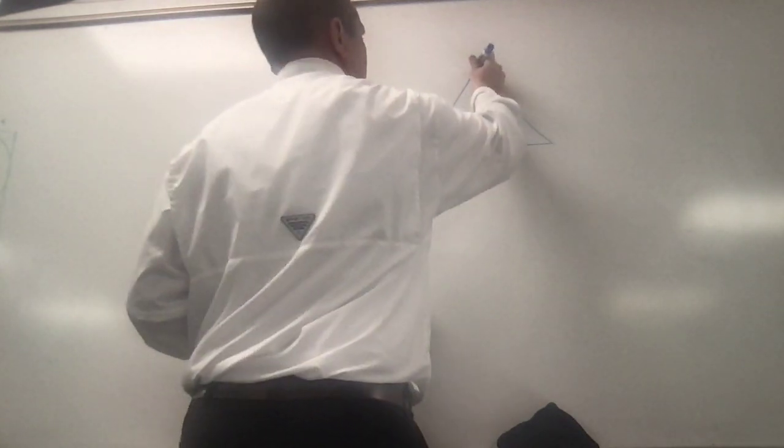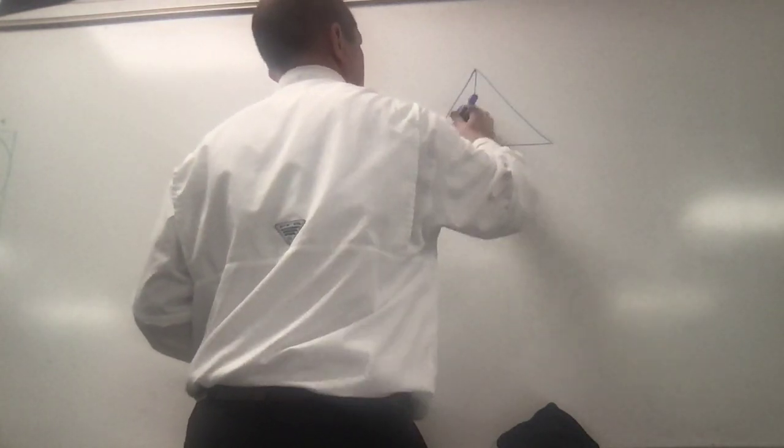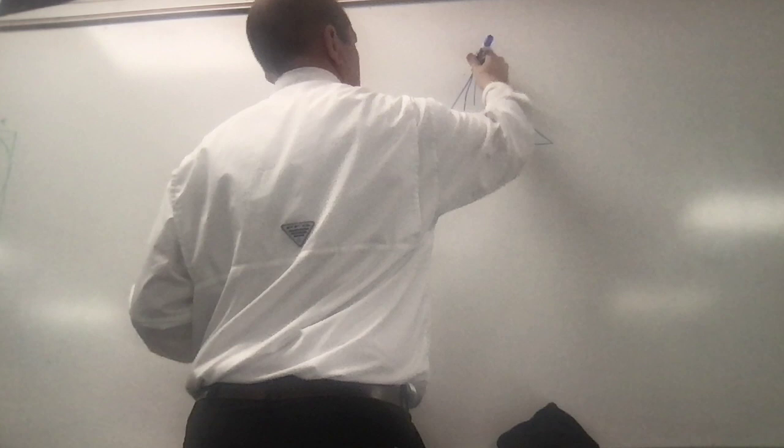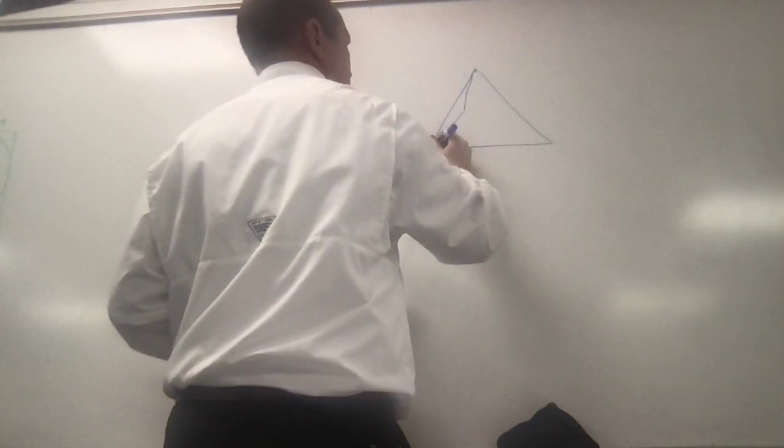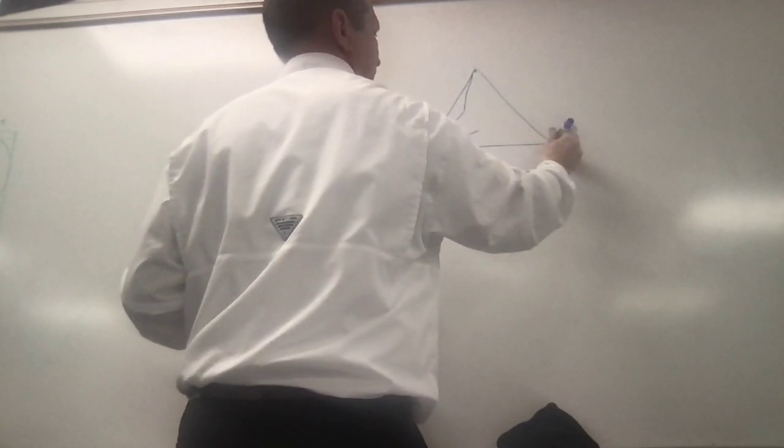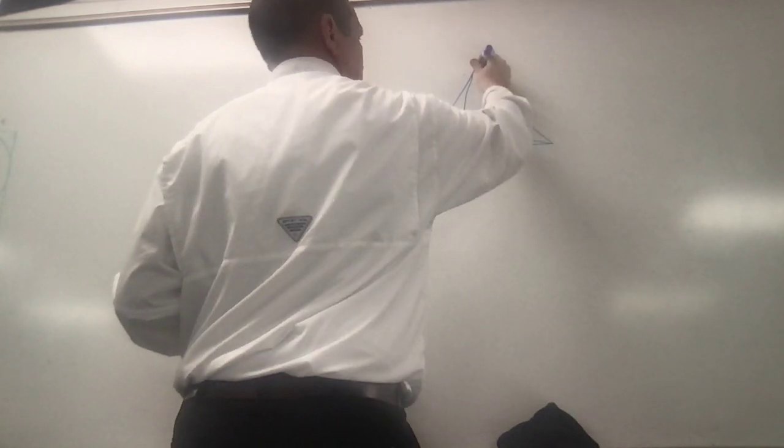So the first triangle I'm going to draw is going to look something like this. And I'm going to draw one of those from each one of my corners.